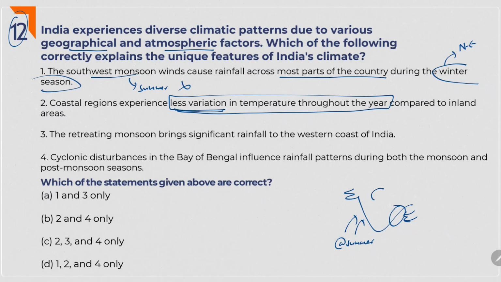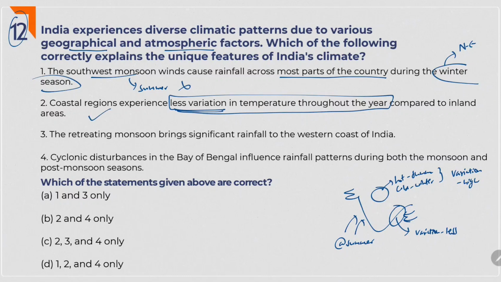When we see inland areas, they will be extremely hot in summer and extremely cold in winter. That is, we can see extremes. So the range means variation. The variation is high in inland areas. But in coastal areas like this, because of the winds from sea and all, the variation will be less. That's what they are telling in the second statement. Coastal regions experience less variation compared to inland areas.